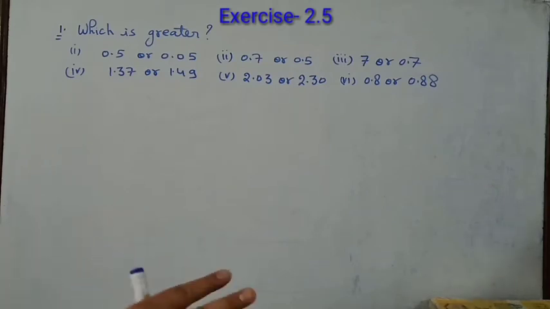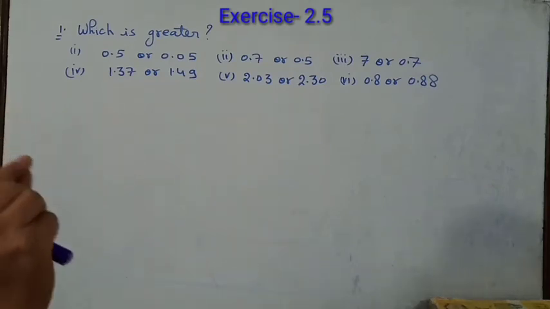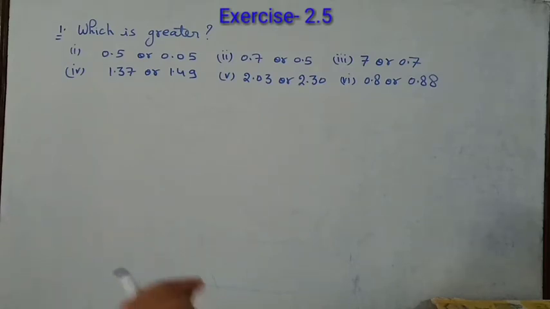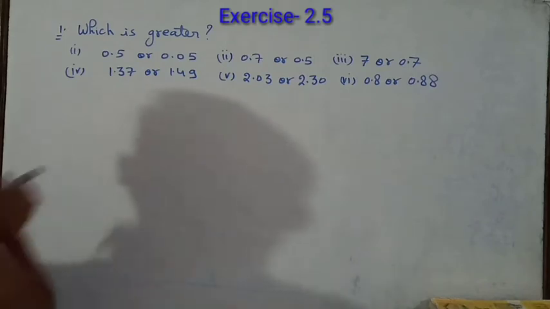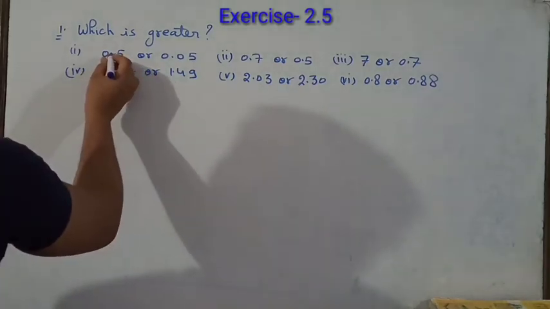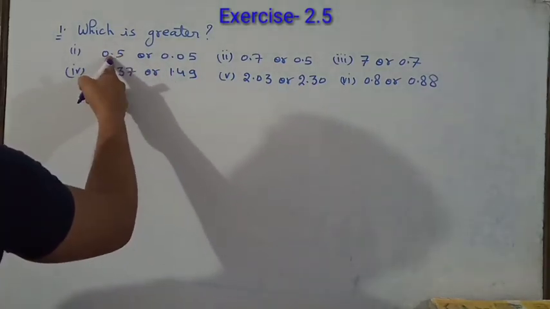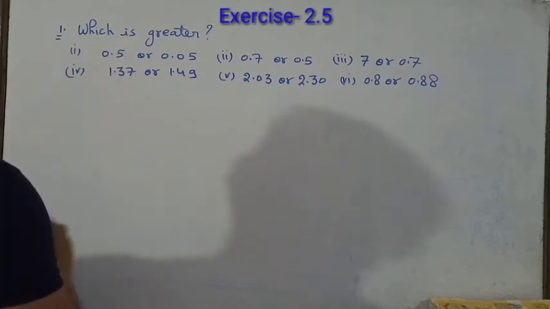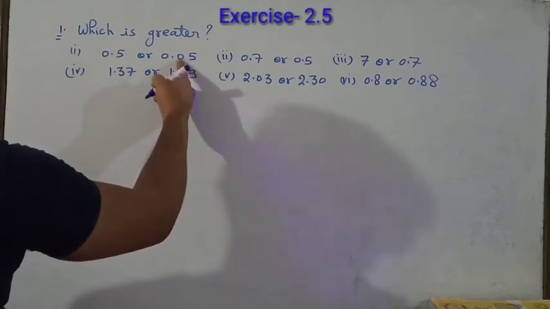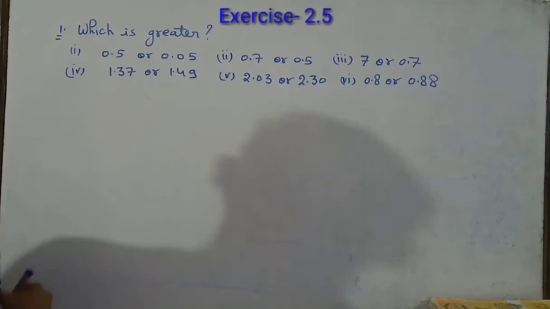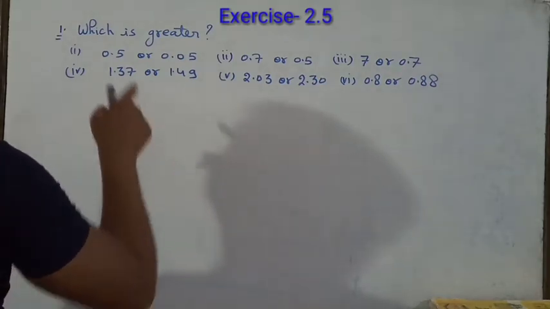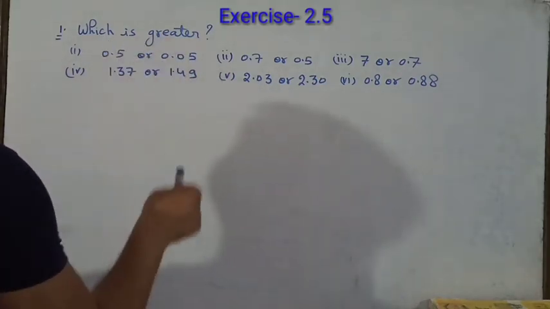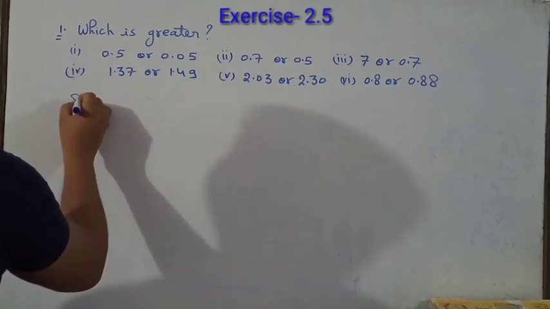First of all, we will make the decimal place values the same. Here we have one digit after the decimal, and here there are two digits after the decimal. So always we will equalize the digits after the decimal.